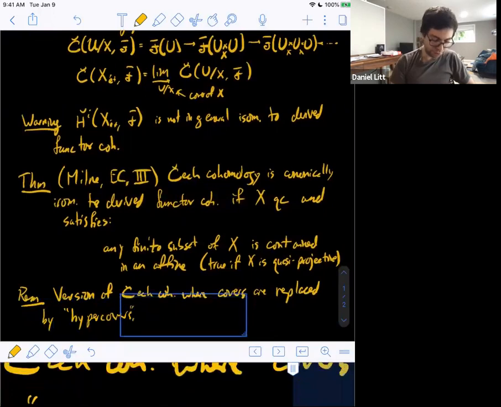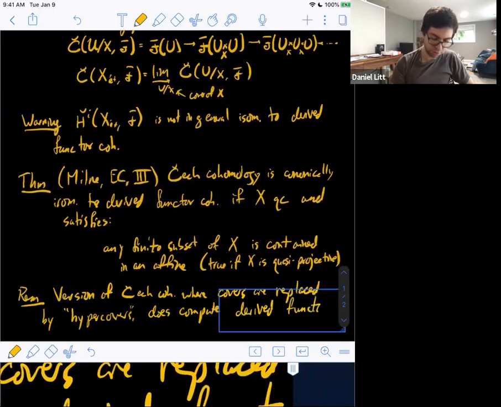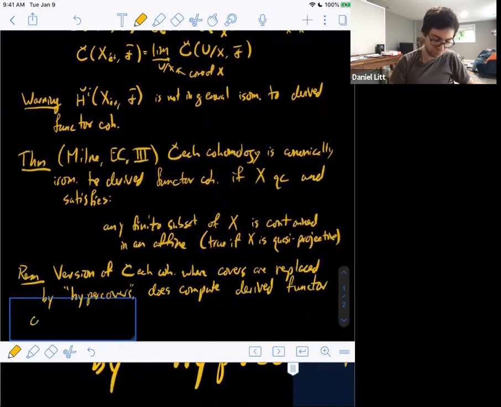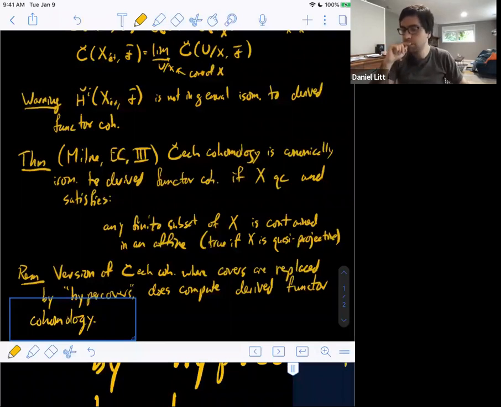And this always does compute derived functor cohomology. All right. Are there any questions about that? So this was meant as a recollection of what happened at the end of last class.